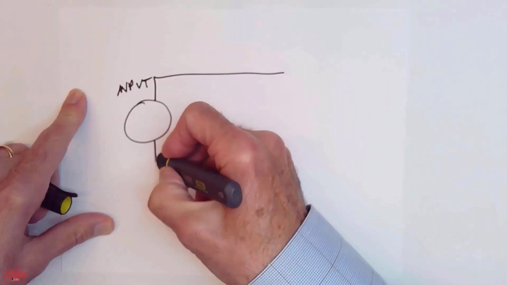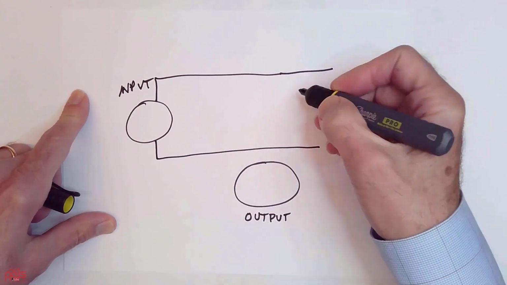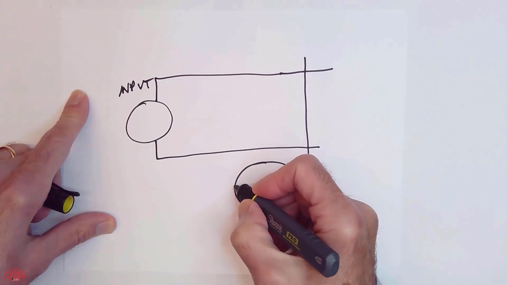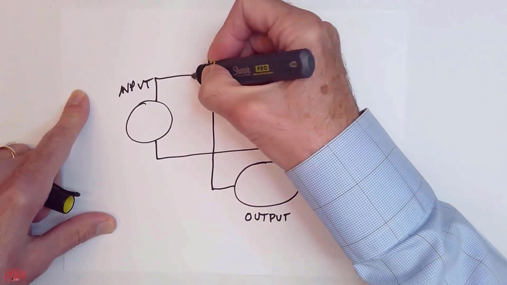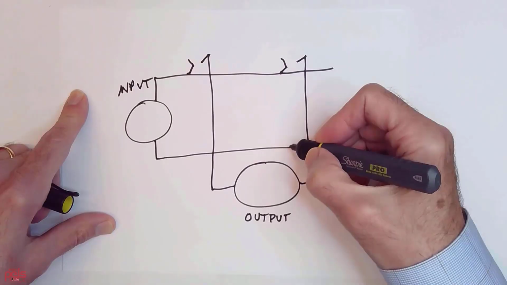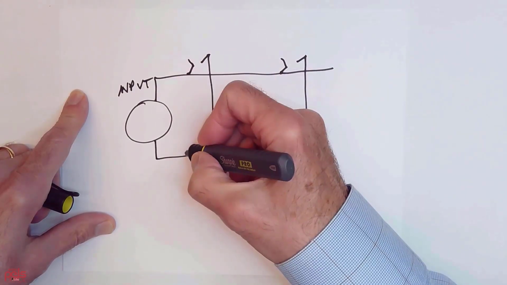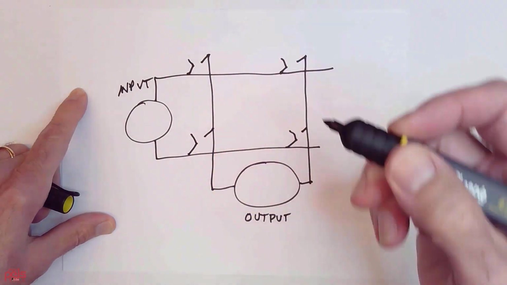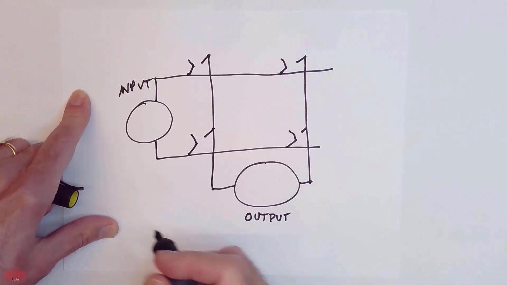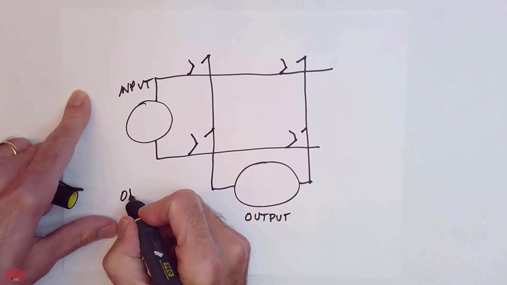And to do that, I'm going to need a set of switches. So at the basic level here, I would start with just a 2x2 switch matrix, and of course it could be more complicated than that. And remember the basic constraints of power electronics. I have to obey KVL and KCL.